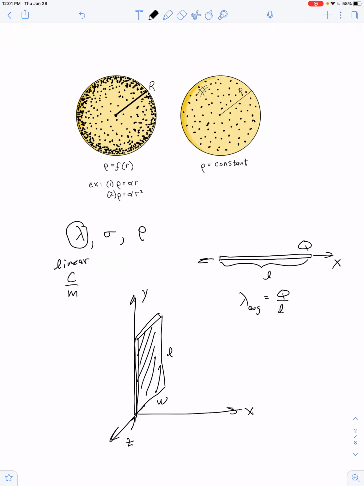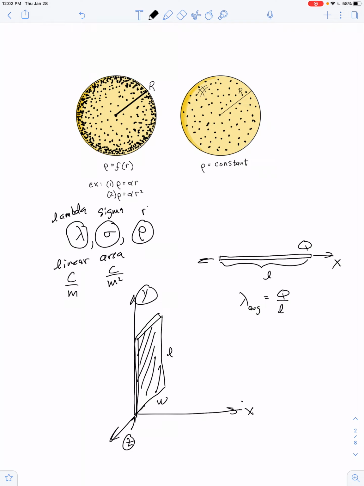So there's no distribution along the x-axis, but we have a distribution of charge across the y-z axis. So in that case, we want to consider an area charge density, here represented by the Greek letter sigma, right? Area charge density is some number of coulombs per square meter.